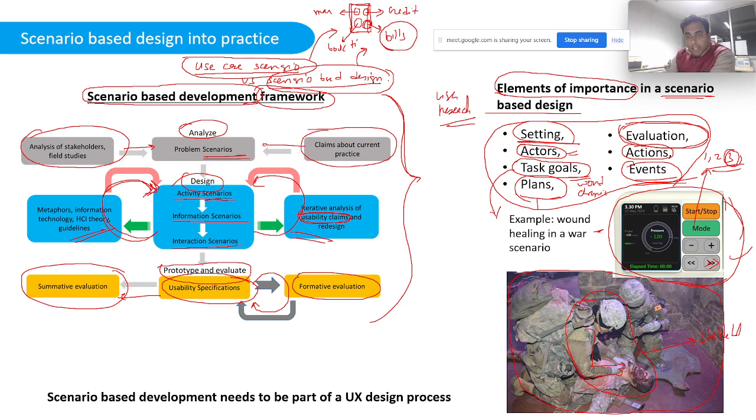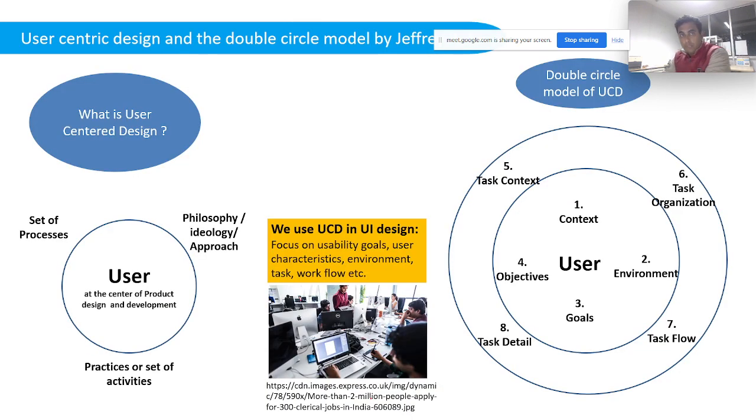So in scenario based design, we are mainly concerned about the user and their activities. However, this only involves the initial research phase. Now we need to include this UX based development more into a UX design process. And for that, you need to learn what we call the user-centric design process.